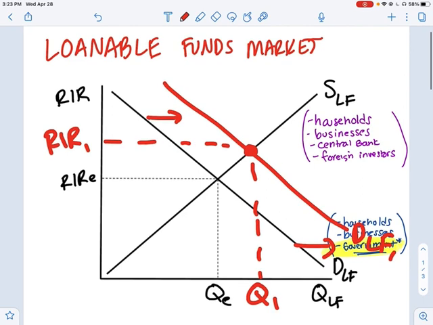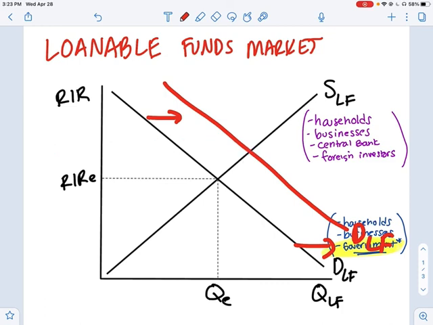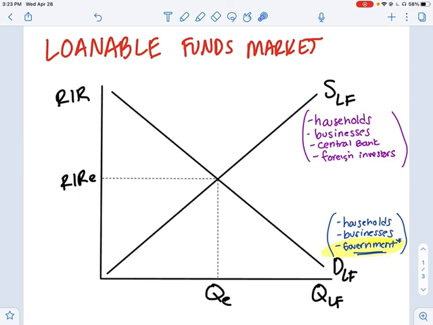So loanable funds, it's just a fancy way of saying how much money is available to be loaned out due to households, businesses, central banks, and foreign investors putting money into banks versus how much money people are borrowing.